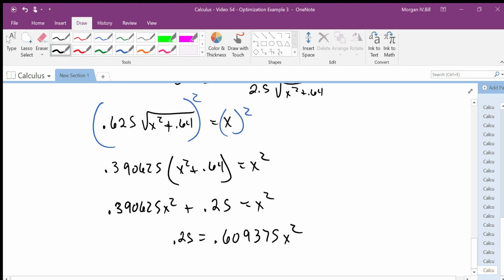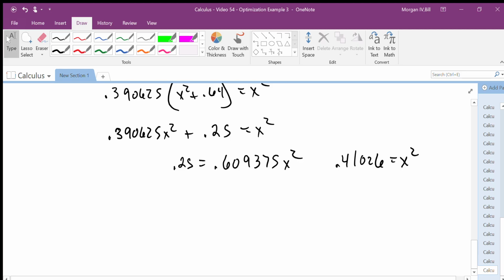And we're getting there. Dividing both sides by 0.609375, I'm getting 0.41026, I'll round a little bit here, equals x squared. Take the square root of that, 0.641.